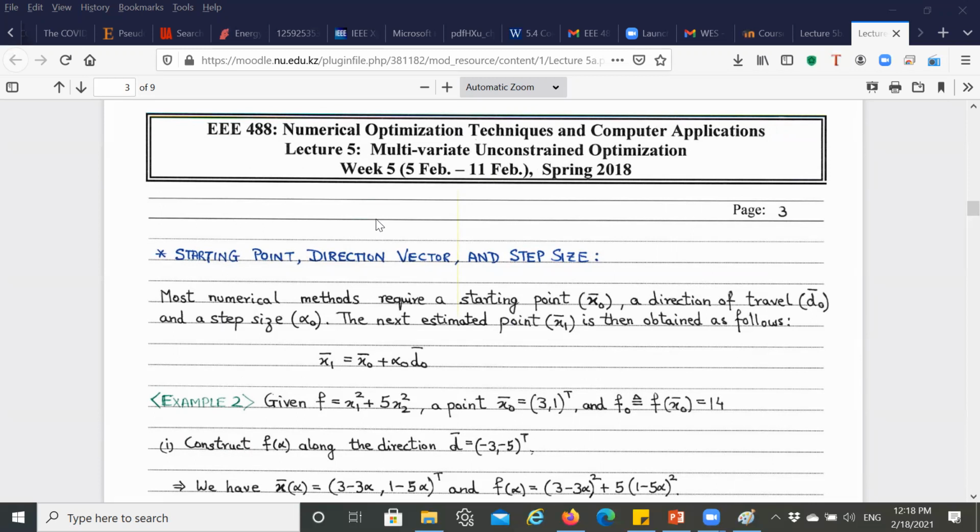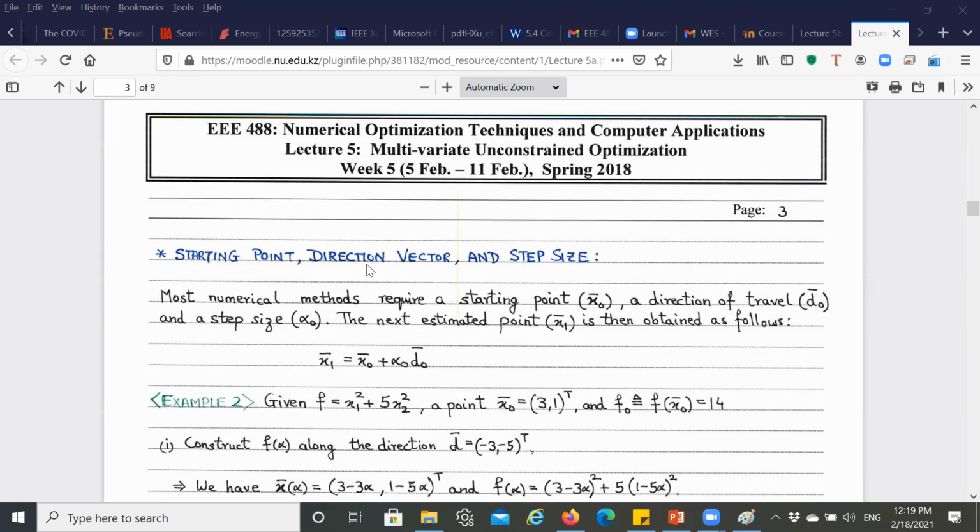Okay, so basically about the sufficient condition, I need to repeat again that at the extreme point, that means at the critical point that you find, if the matrix of the second partial derivatives, that means the Hessian matrix, is positive definite, then that point is a minimum point, okay? If it is negative definite, then it is a maximum point.